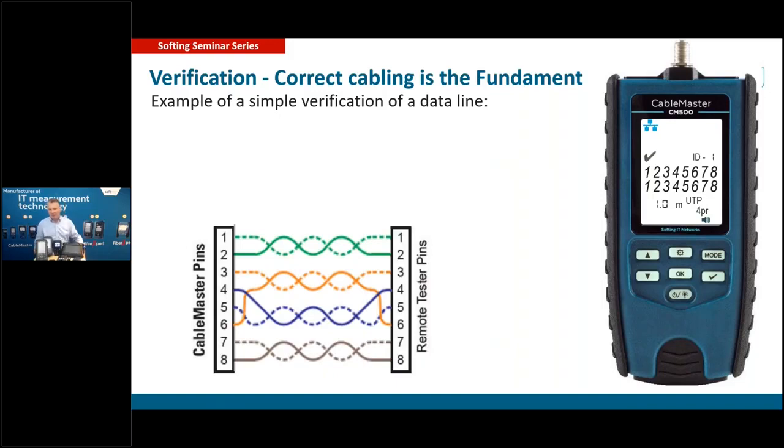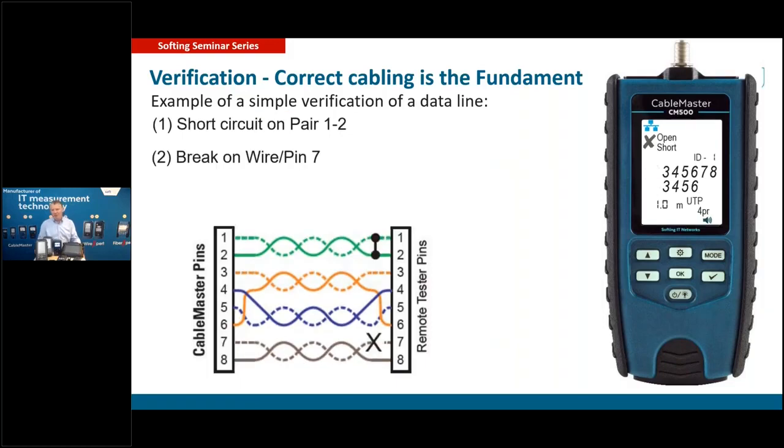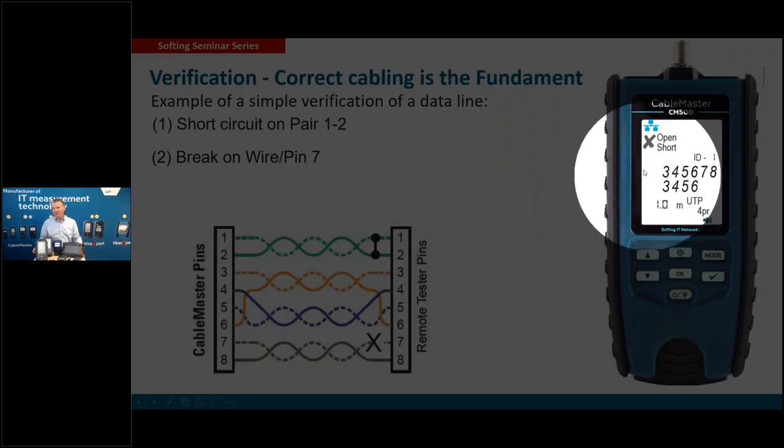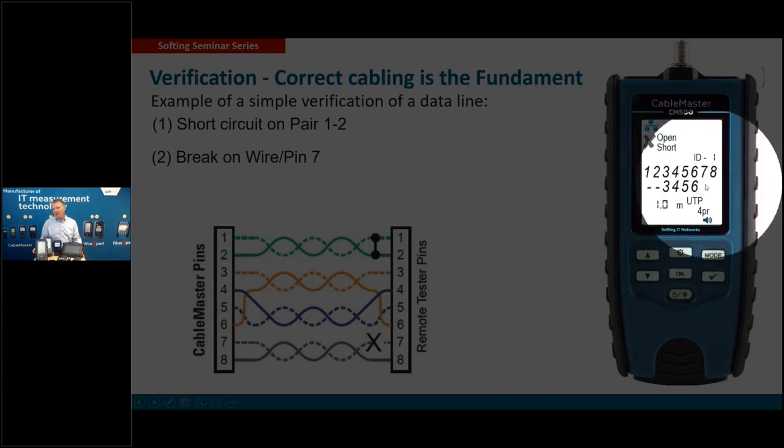But if you have some faults in it, as an example here, there's a short circuit on pair 1 and 2, and it has a break on pin 7 or wire 7. Here it would show you the minus signs just under the 1, 2. That means I have a short circuit here, and here we miss the numbers 7, 8.